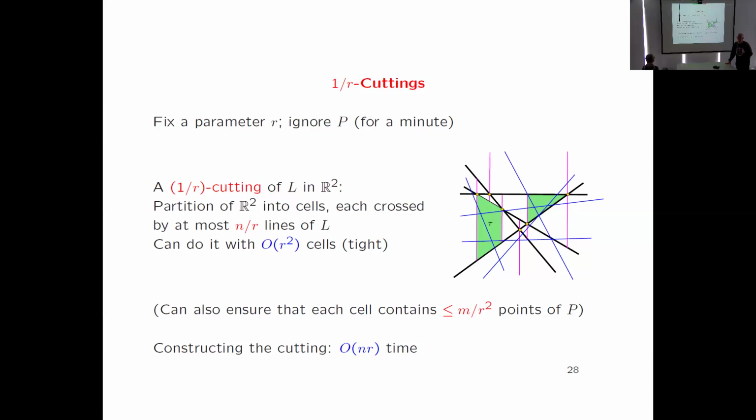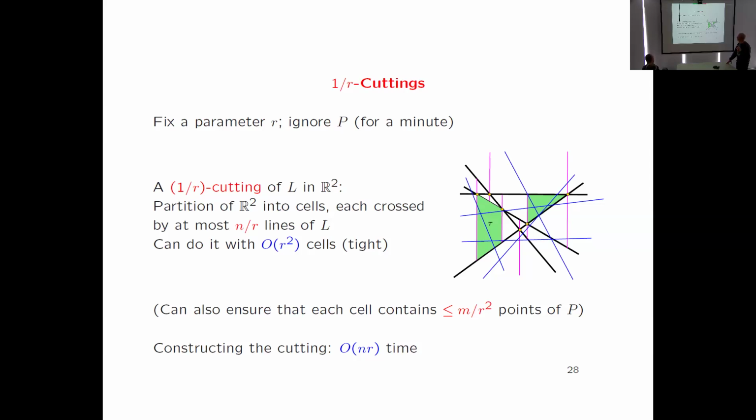There is another parameter R, and it is defined on the lines. You cut space into things shown here in green, vertical trapezoids or triangles, so that each of them will be cut by at most n over R lines.